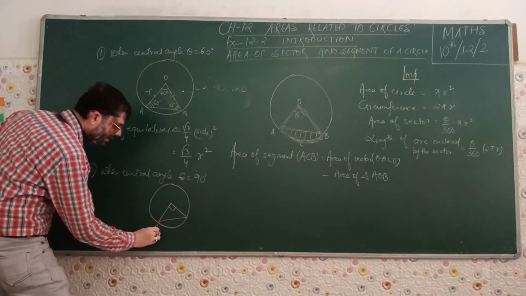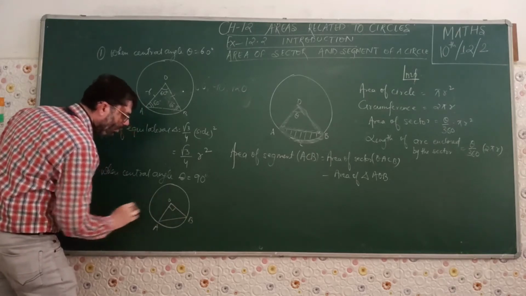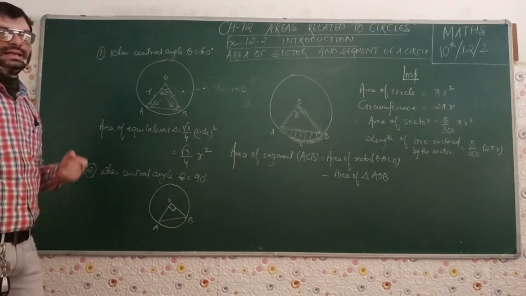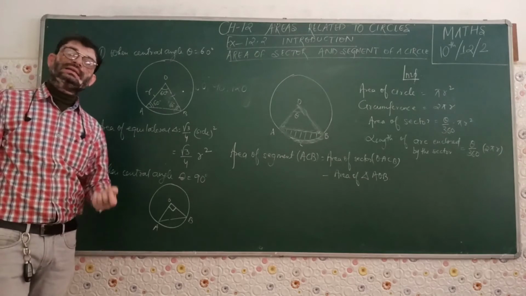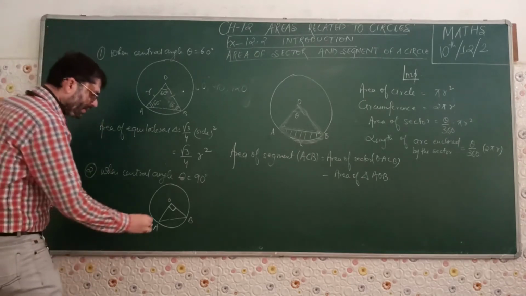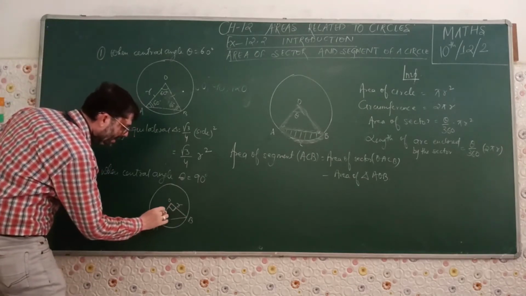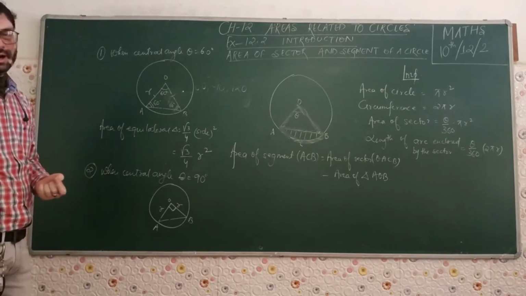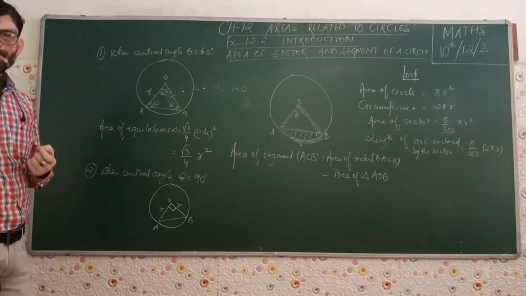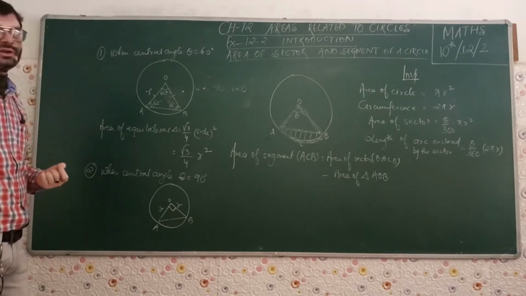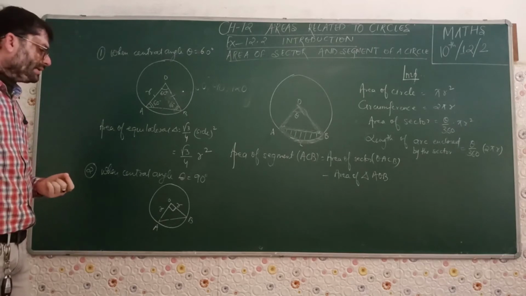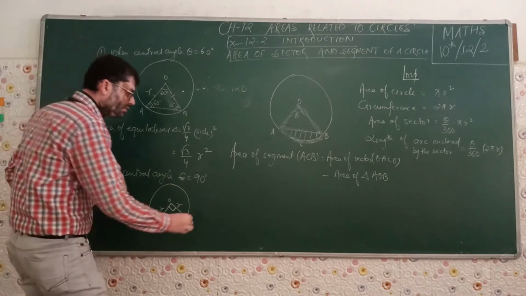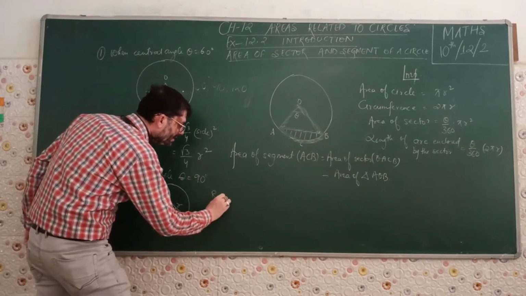You make the chord, and this will be AB and O. When the central angle theta is 90 degree, it's very clear that it is a right angle triangle with base R, height R, and hypotenuse AB. So here you can find the area of the triangle by the simple formula of finding area of any triangle, that is half into base into height, where base will be R and height will also be R. So here it is a right angle triangle.